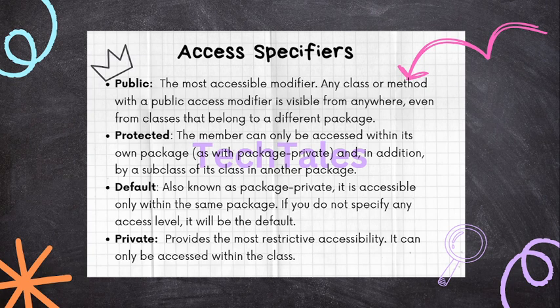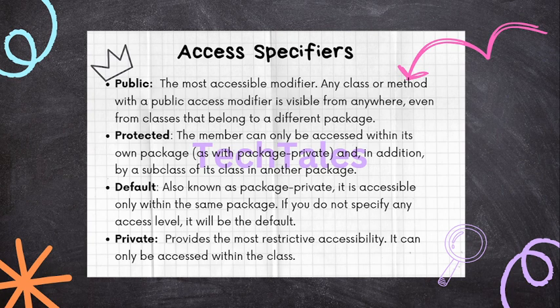Default is introduced by Java. It is also called package private. Default variables or default methods are accessible within that particular package. If you forget to specify the access modifier, it will be the default access modifier.